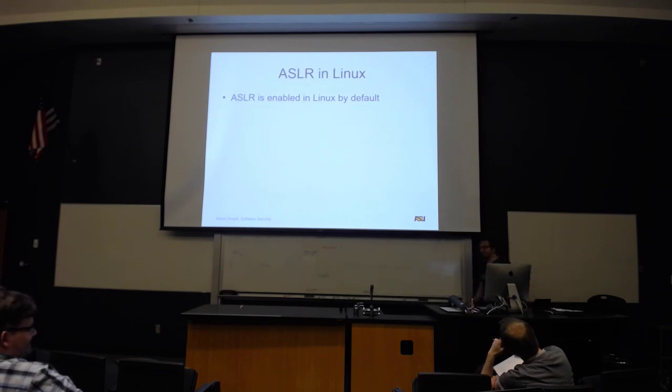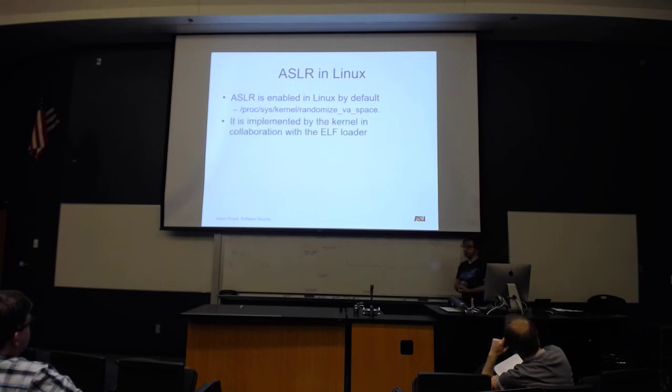So things have progressed quite a bit. ASLR is now enabled by default and assumed to be present in every introductory hacking challenge and so forth. It can be turned off by writing a 0 to this kernel configuration parameter in /proc. It's implemented using a combination of support in the kernel and support in the Linux loader.